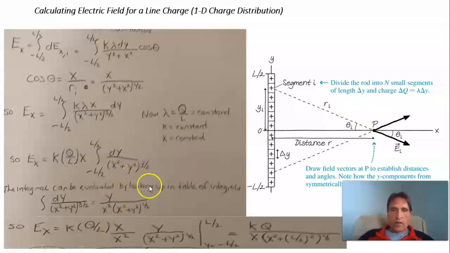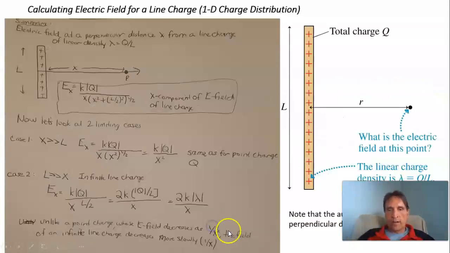And so you can go to Google and look up in a table of integrals, and you can get that this integral is given by y over x squared times the square root of x squared plus y squared. Okay, so we plug that in. We evaluate at the limits, y from negative L over 2 to L over 2.